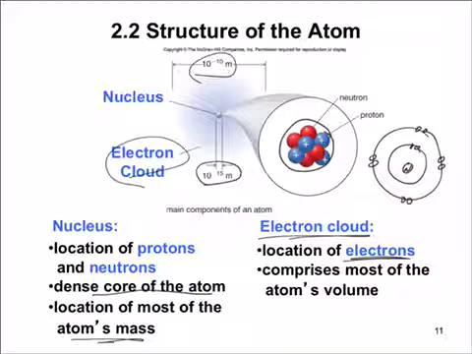To put this into perspective, if I could blow up this nucleus to the size of a normal little green pea, the nearest electron would be a mile away. In other words, the nucleus is really, really tiny, and the volume of that atom is so much larger that the nearest electron would be a long ways away.